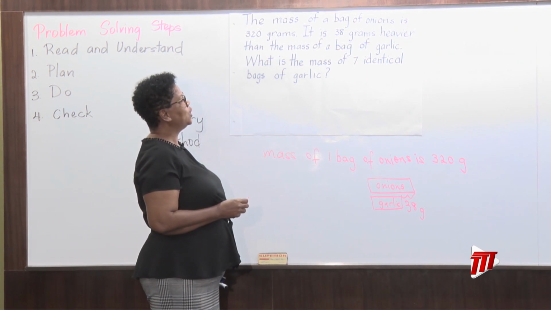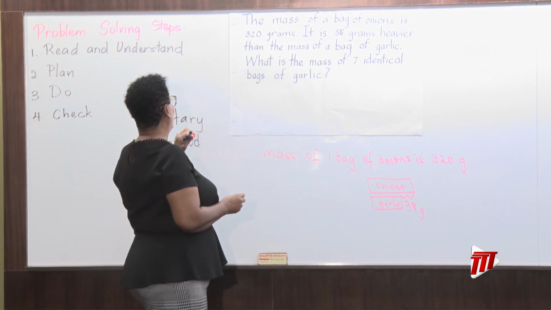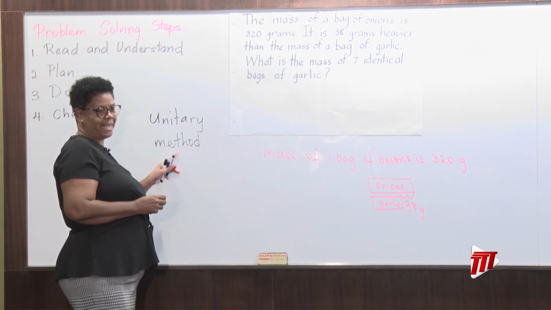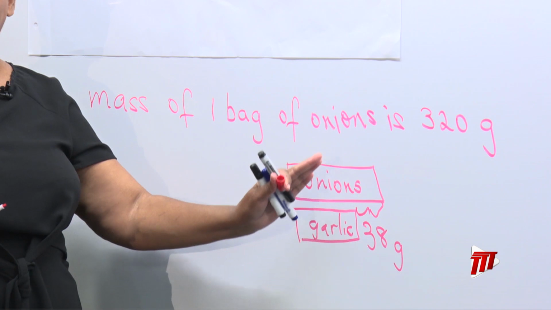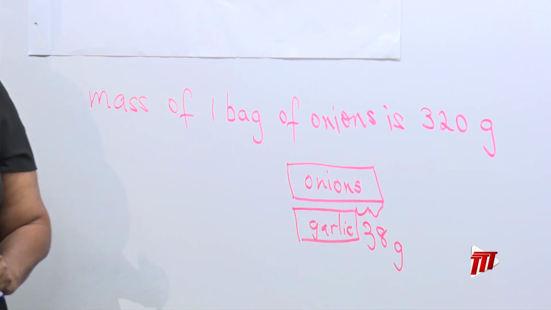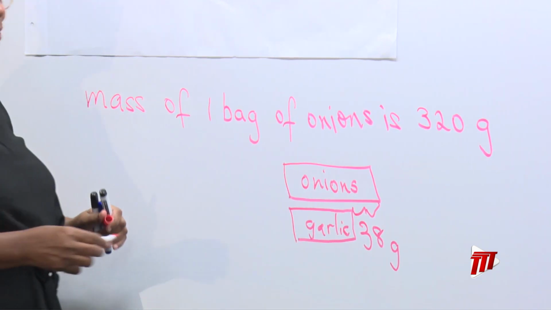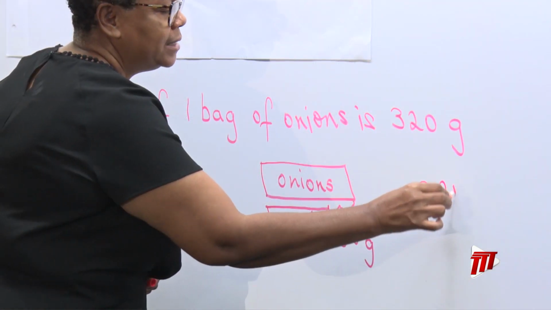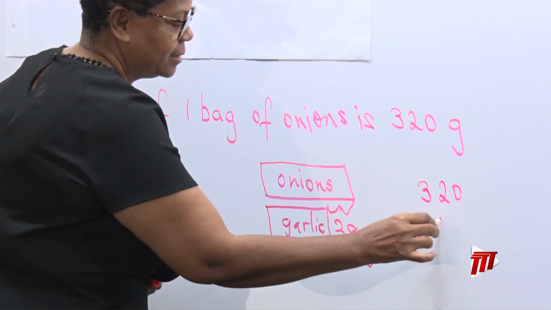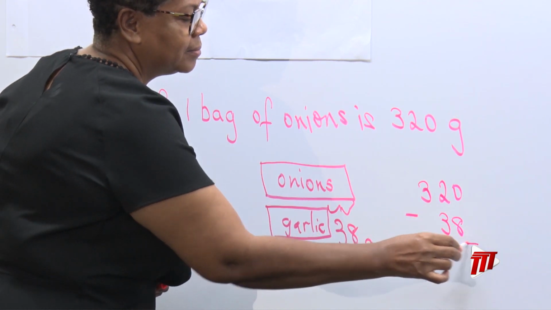So in order to find out the mass of 1 unit of garlic, because garlic is shorter than onions, we are going to have to do a subtraction. So we have 320 subtract 38.